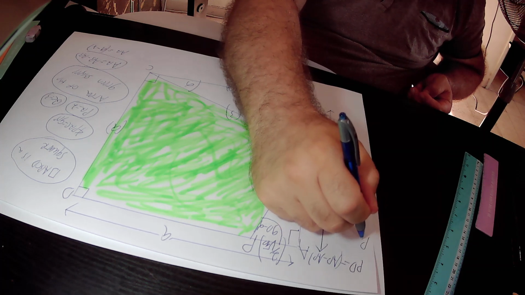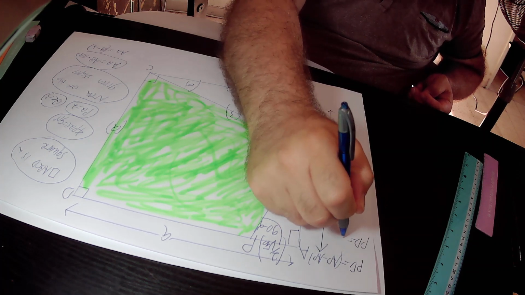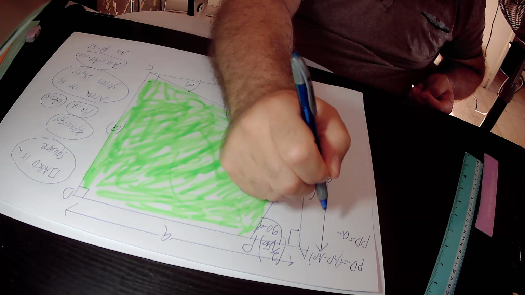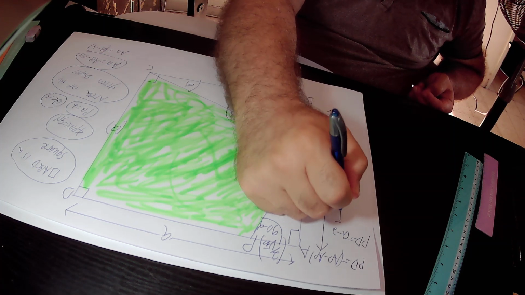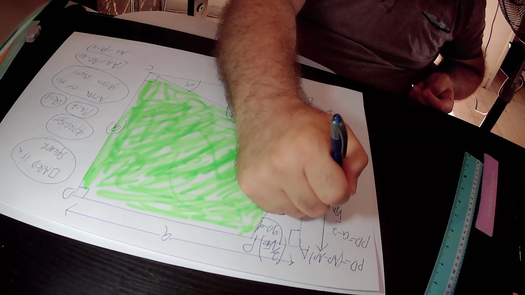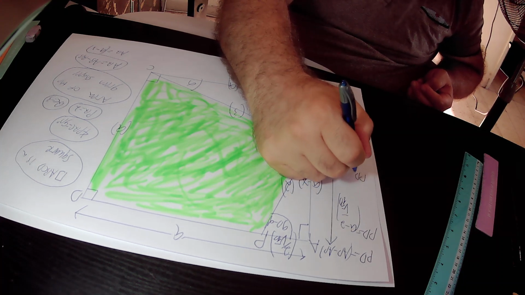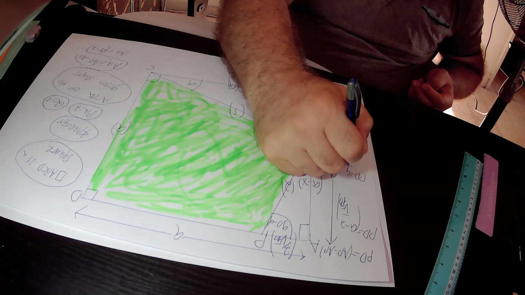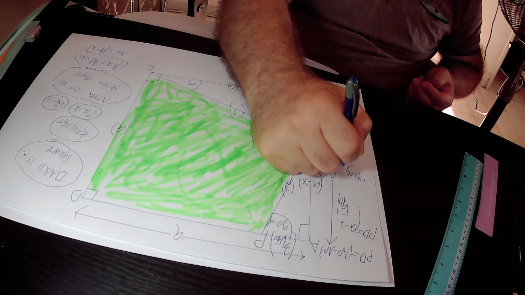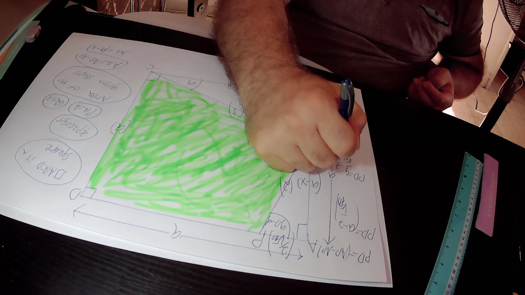So PD equals AD, that is a, minus AP, that is 2 over square root of 10. So in total, PD equals a, that is 9 over square root of 10, minus AP, that is 2 over square root of 10.